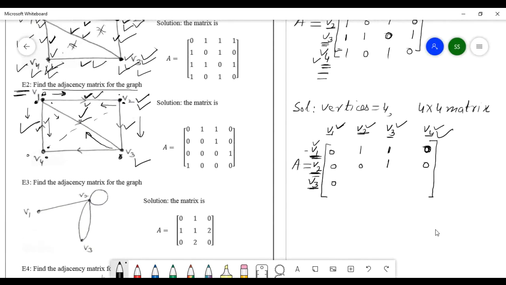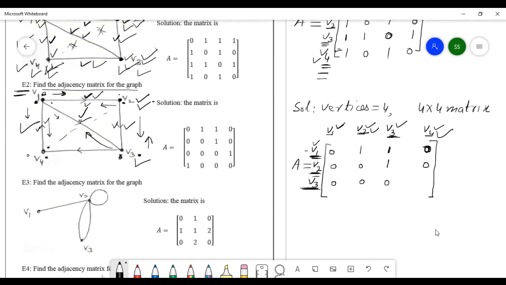And now start from V3 to V2, going this way. But the arrow is opposite, so no edge, here 0. And V3 to V3, no edge, 0.